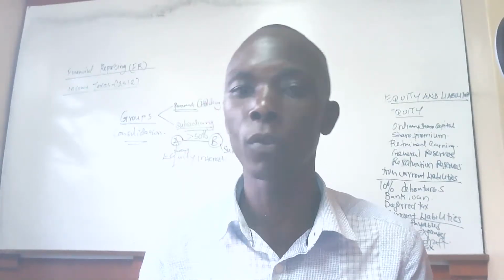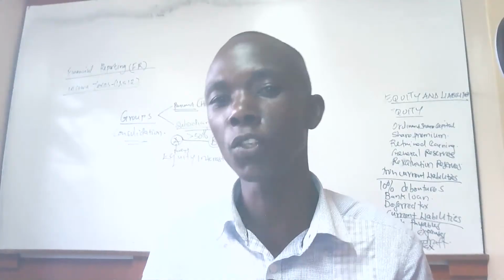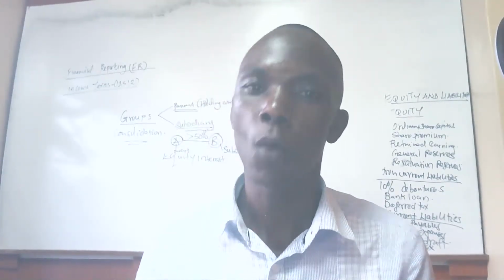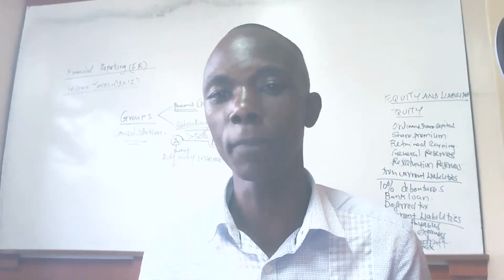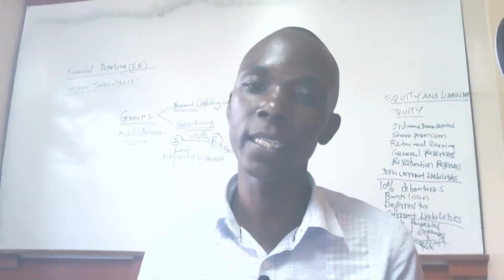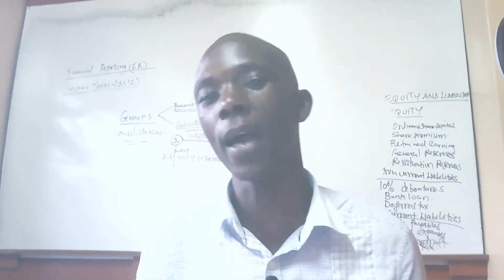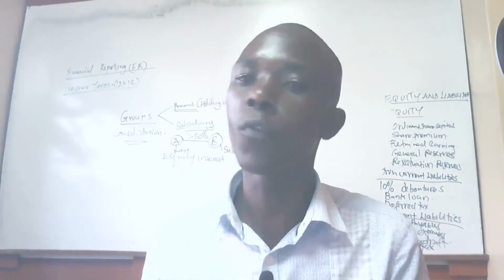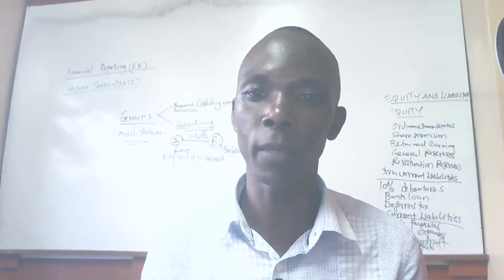When we talk about the financial instrument, we normally say a financial instrument is a contract which gives rise to a financial asset to one party and a financial liability to another party. So how can you know whether this is a financial asset or a financial liability?